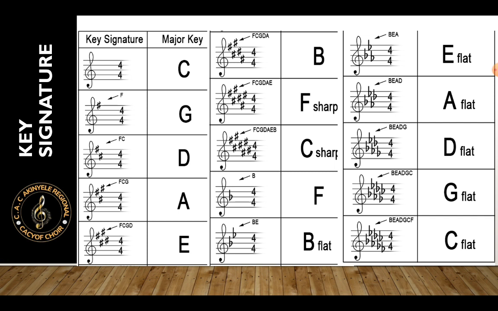I'll be starting with the key of C, which is a natural key. It is sometimes represented with C, where you have the key signature drawn, and this simply tells us that it is a natural key of C, and this does not have any accidental representation along the scale.